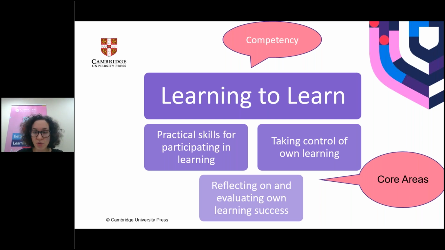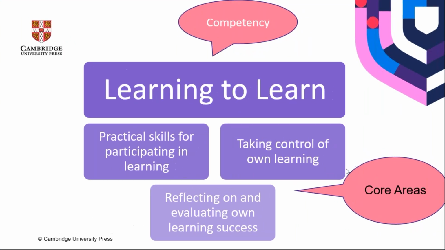Taking control of own learning means that, for example, the ability to ask for help can be in this core area. And there are more skills. I mean, more can-do statements. I will talk about them at the next slide.